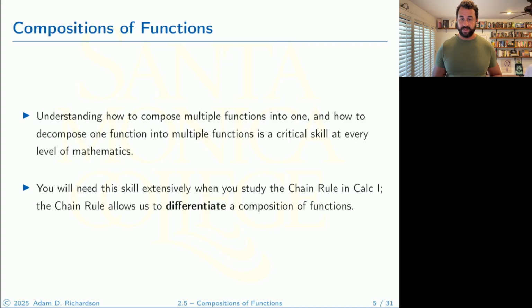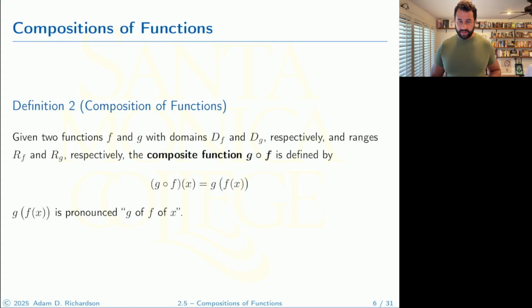Let's get a definition. So what is a composition of functions? Given two functions f and g with domains d sub f and d sub g respectively, and ranges r sub f and r sub g respectively, the composite function g of f is defined this way.